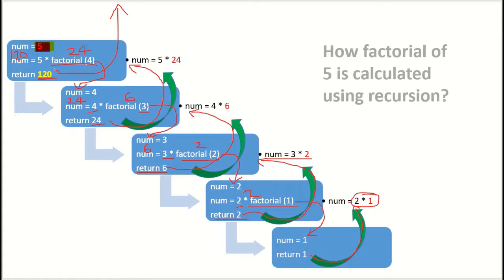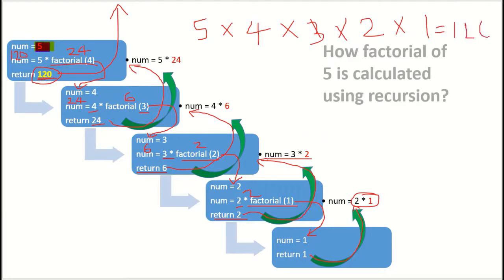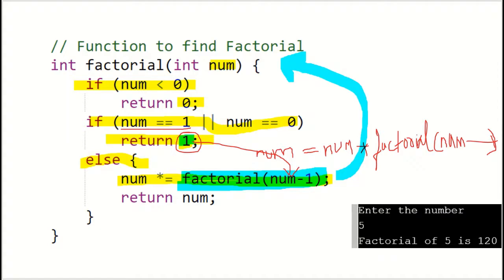The result of 5 into 4 into 3 into 2 into 1 equal to 120 is passed back to the main program. So the return value is 120.